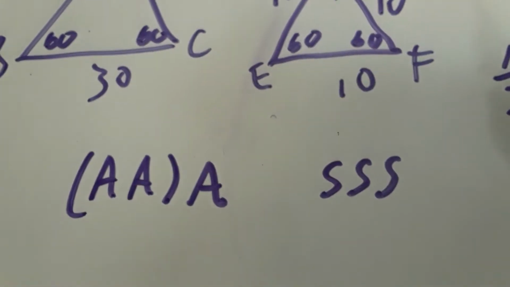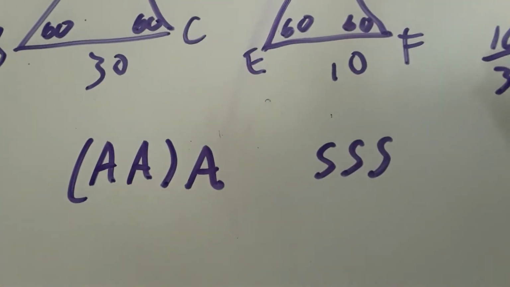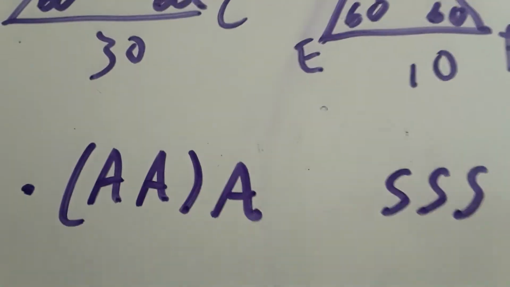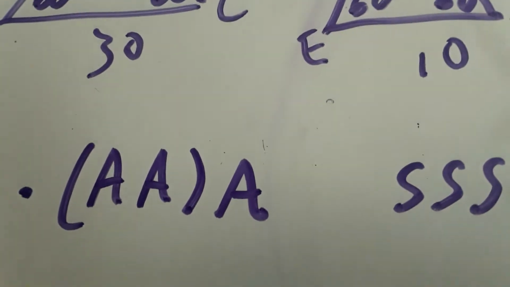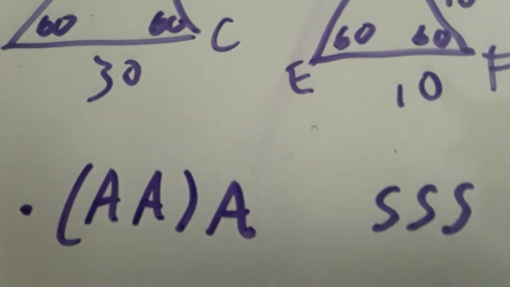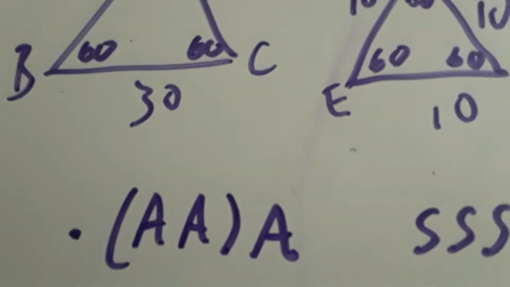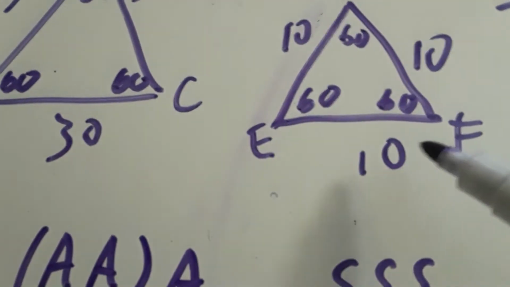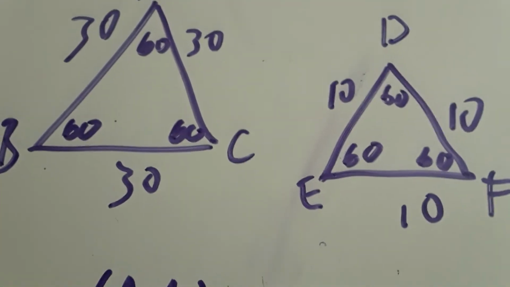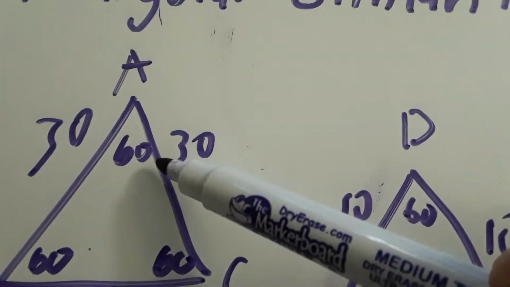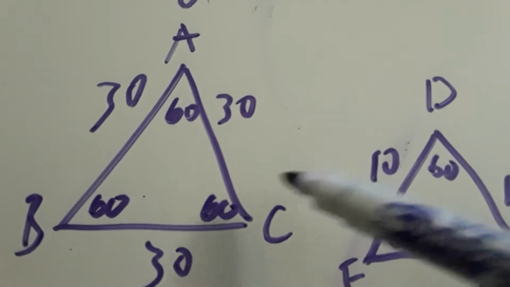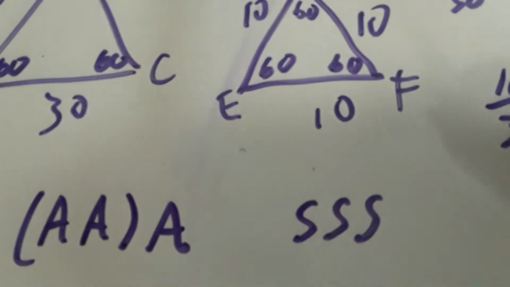So essentially, if you're going to prove that a triangle is similar, one way you can do it, and this is why I've put it in brackets here, is that you only need to prove that two corresponding angles, in this case angle B is equal to angle E, angle C is equal to angle F, and if two angles are equal, then automatically the third angle, A, will be equal to D, and also the three sides will be proportional to each other.